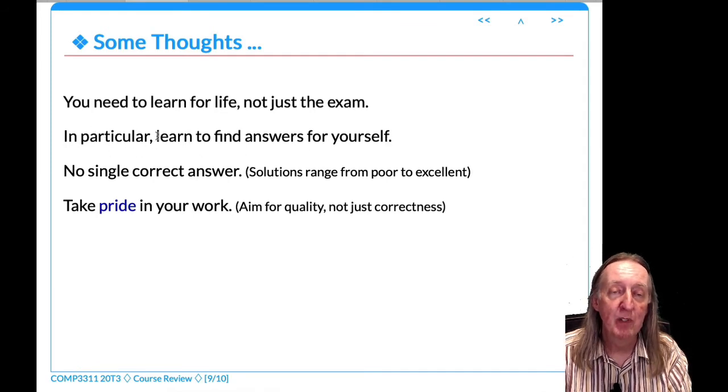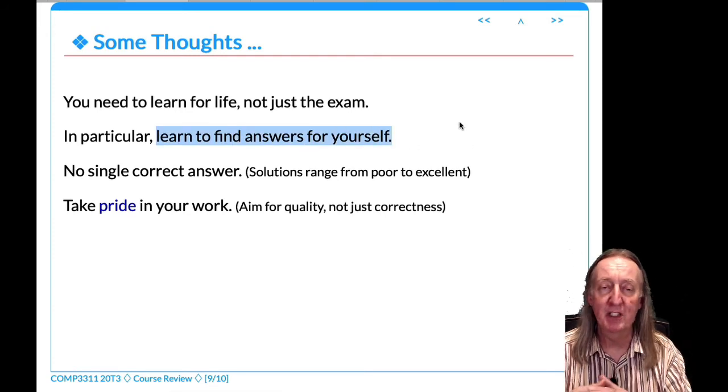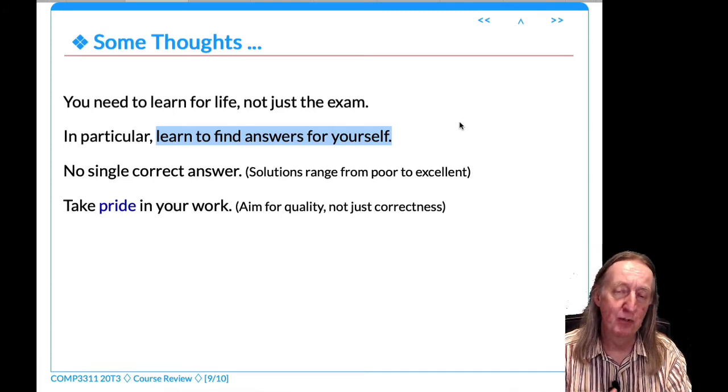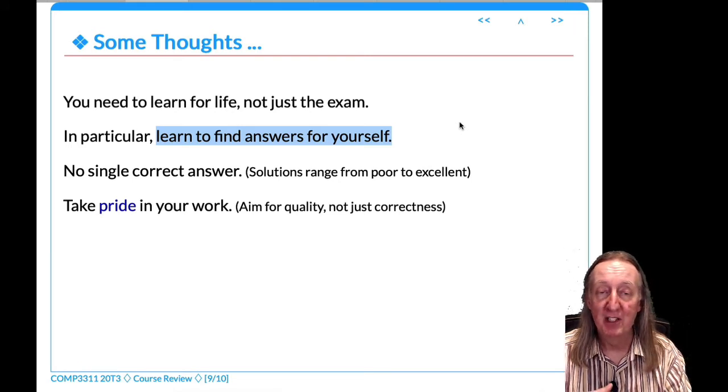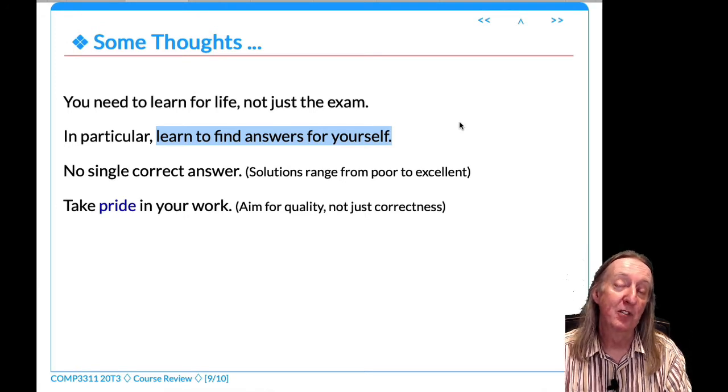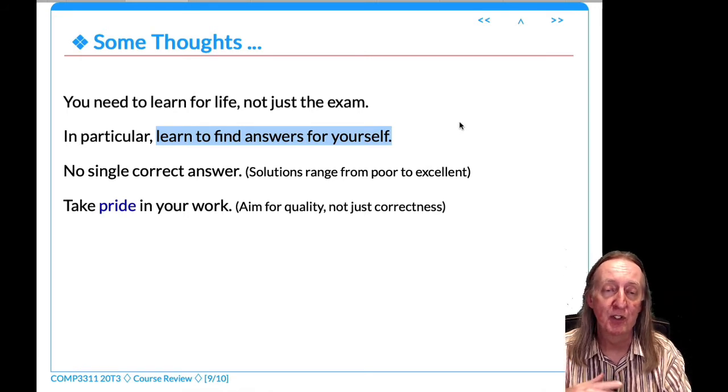One very important thing that you can learn out of this course, and it's not specific to this course, is learning how to find answers by yourself. When you get to a workplace, you're not going to have a forum where the friendly lecturer will give you an answer. What you're going to find is that you are left to work things out yourself.